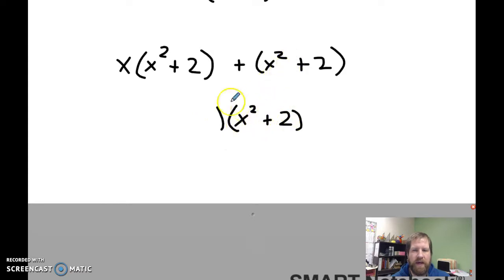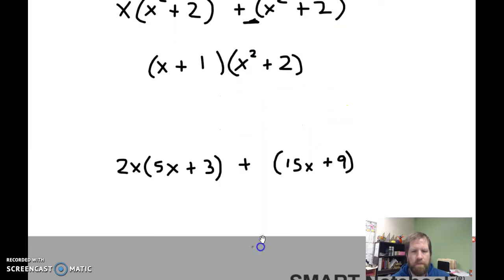I pulled that out, and now what I have left is my x, plus, but I don't have any number there. If I don't have any number, I'm just going to have a 1, because 1 times x squared plus 2 is just x squared plus 2.